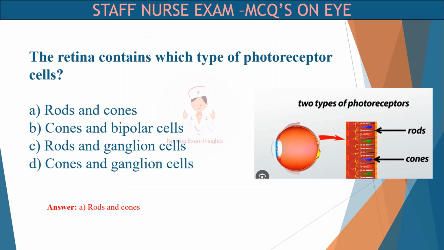These are two types of photoreceptors where the rod cells are sensitive to light and are responsible for vision at low light levels, whereas cones are sensitive to color and responsible for vision at higher light levels.